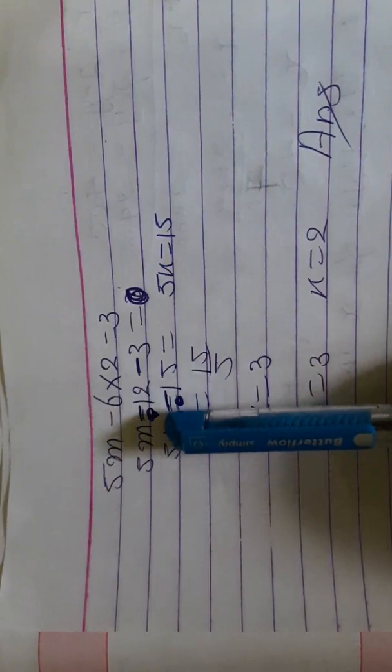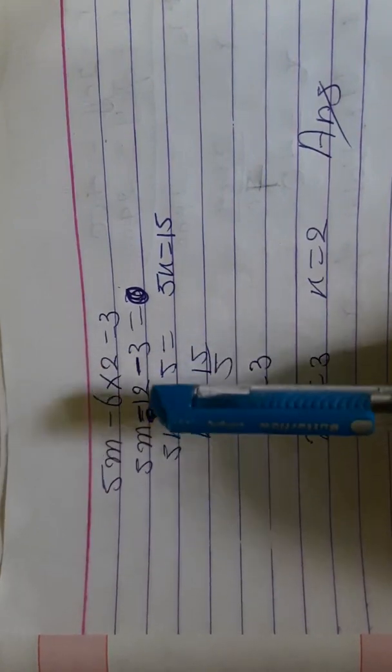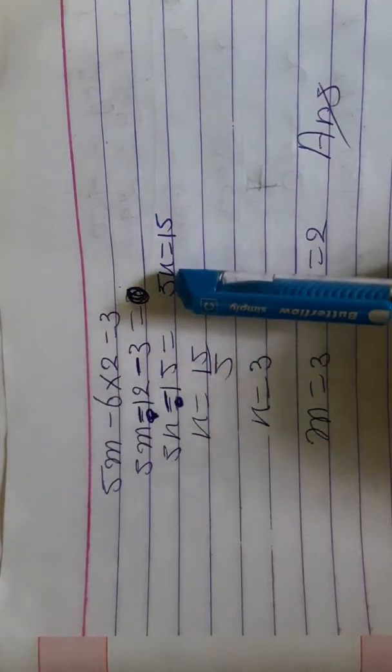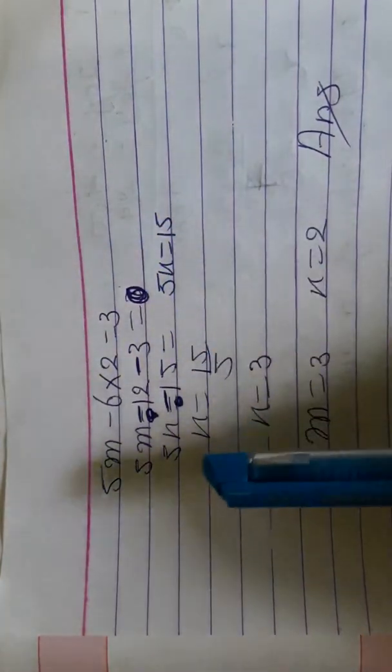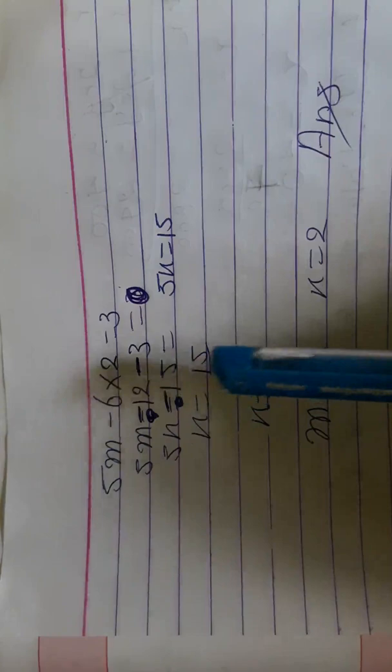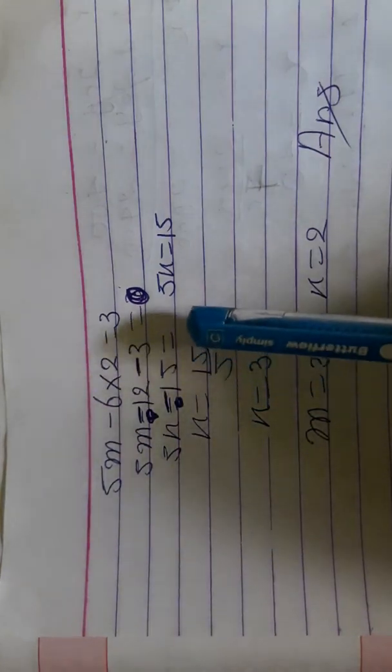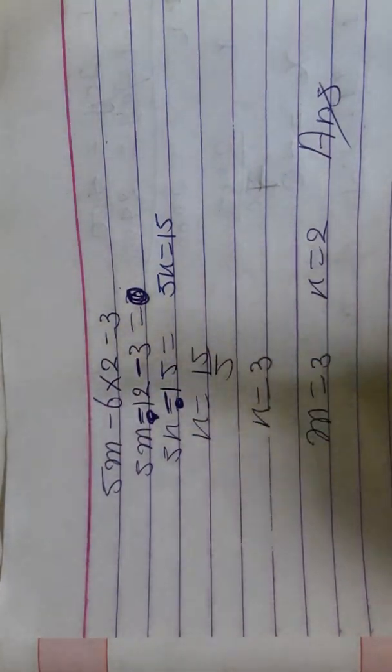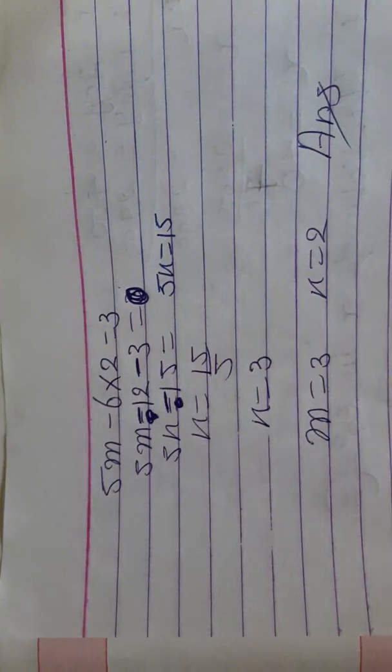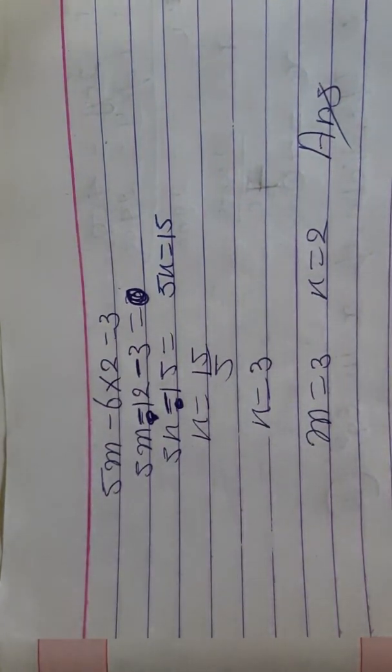So 5m minus 15 is equal to 0, the minus 15 goes to the right hand side, so 5m is equal to 15. So m is equal to 15 upon 5, and 5 3s are 15, so m is equal to 3. So the value of m is equal to 3, and the value of n is equal to 2.